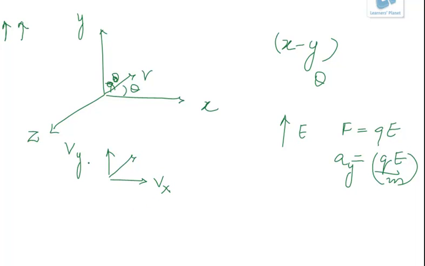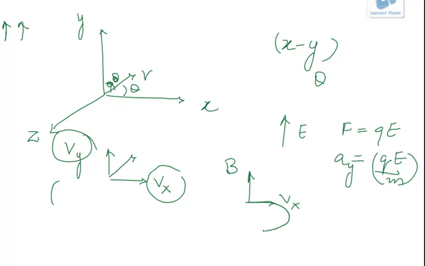If it has a component vy along the y-axis, that means it has some initial velocity with respect to the y-axis and it is accelerated. And if it has some component in the x direction, that means the magnetic field which is acting in the y direction and the velocity component vx will make it move in a circular fashion.